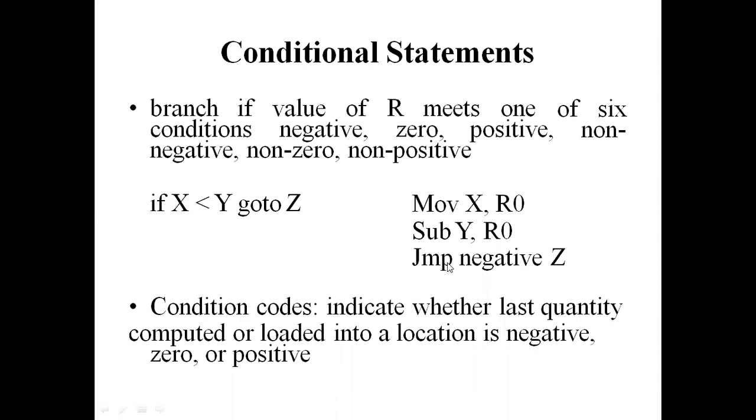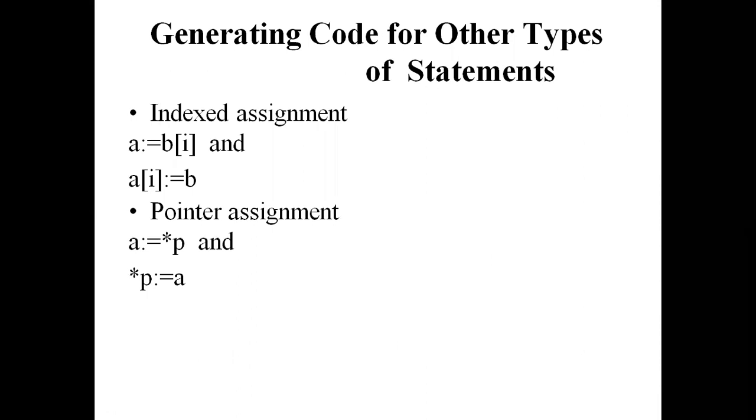So negative condition, we need to branch on R. If the value of R meets any one of these, then we can call them conditional statements, right? And for any type of statements like indexed or pointers, we need to represent the code sequence like this. And these are the most important fundamental concepts under code generation, the simple code generation algorithm.